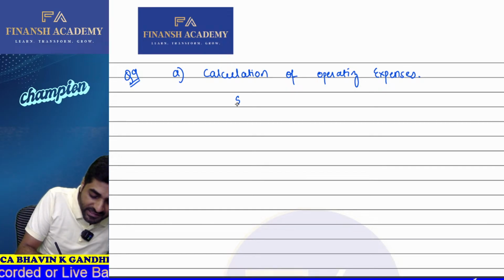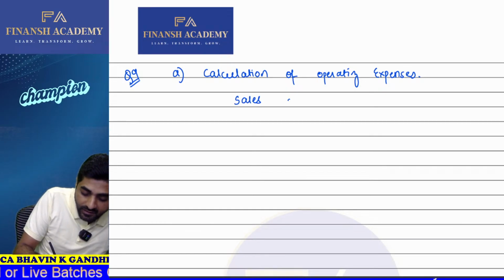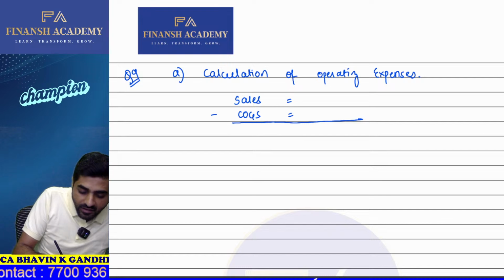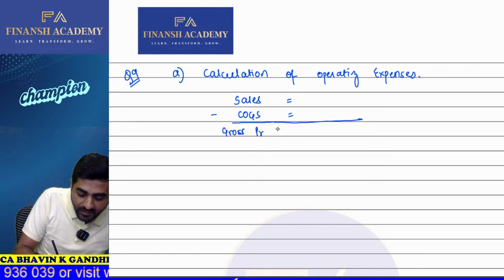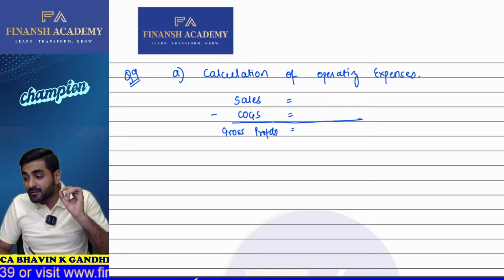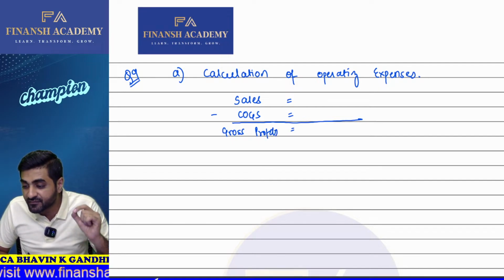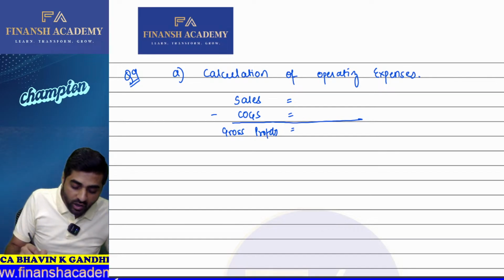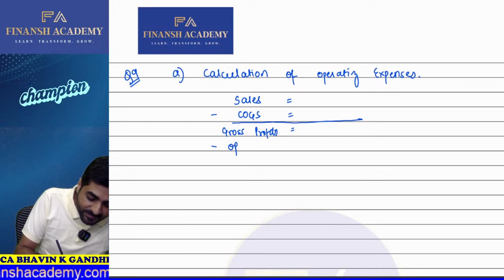We'll be starting with your sales. From sales, we'll be subtracting your COGS. We'll be getting your gross profits. And then, my dear students, from your gross profits, we need to now subtract your operating expenses.